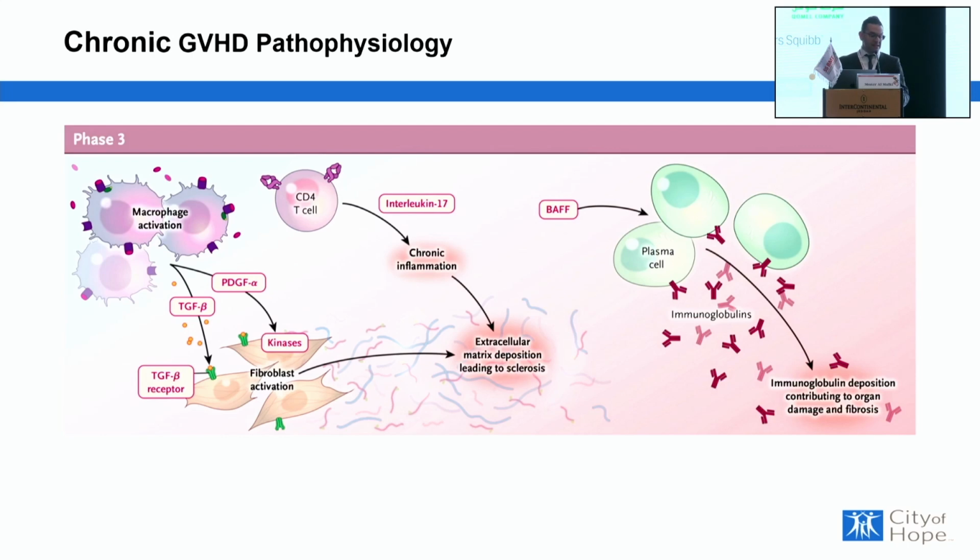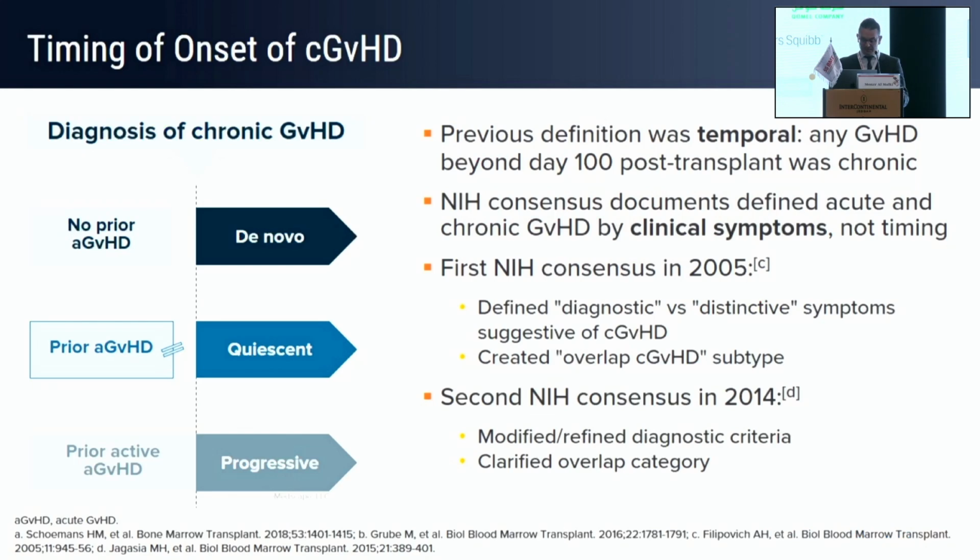At the same time, the activated B cells, driven by BAFF, will produce pathogenic immunoglobulin, and those will be deposited in the organs, causing more damage and fibrosis. So that's a summary of this important paper on the pathophysiology of GVHD.